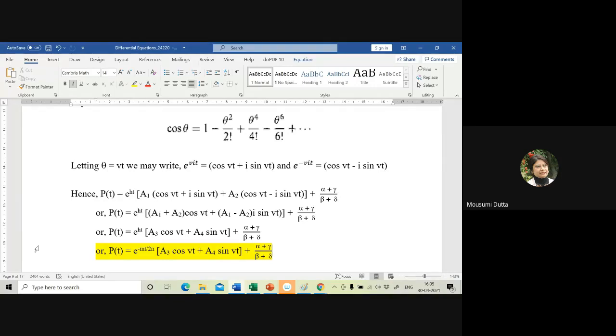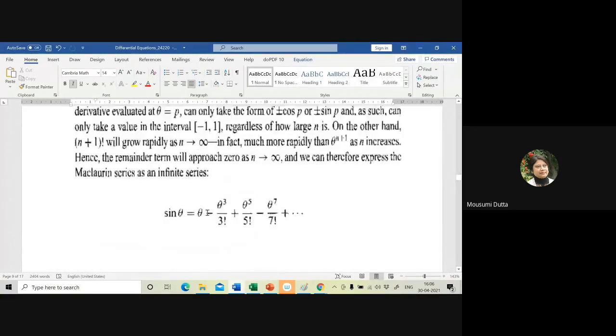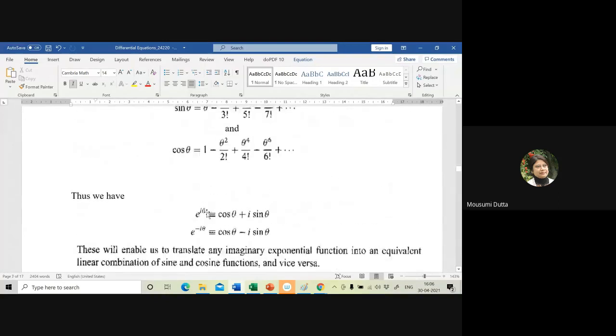Yes, ma'am, where did the i go from the second step? Is it part of A4? This i part? Yes. When I'm writing, e to the power it itself is cos plus i sine, and minus i itself is cos plus minus i sine.